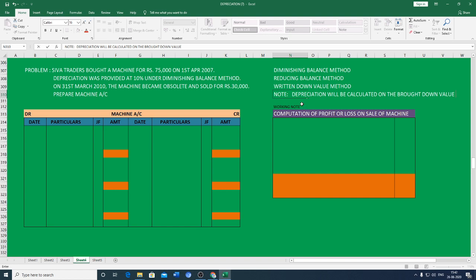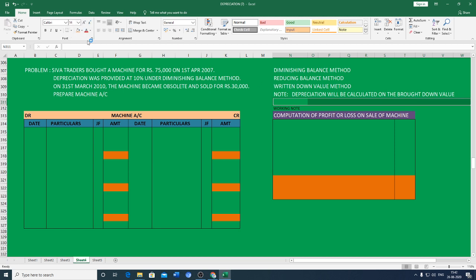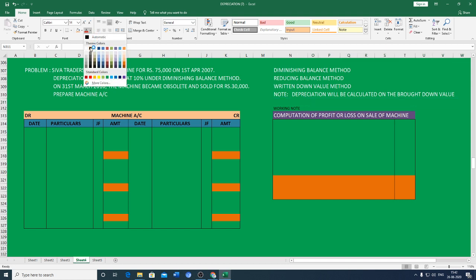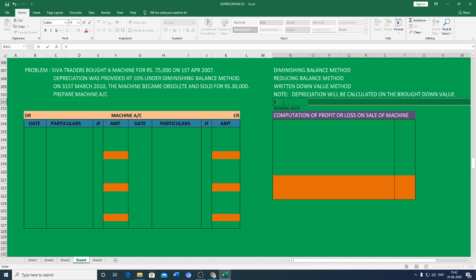That is a note point. And one more note point is the depreciation amount.